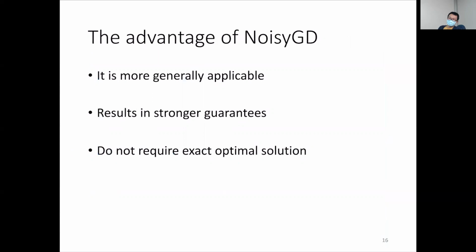In addition, technically speaking, objective perturbation and output perturbation require us to obtain the exact optimal solution to a convex optimization problem, which in practice we need to resort to numerical computation for. And the best that any numerical computation for solving these convex programs can give us is, say, an epsilon-optimal solution, where epsilon is, say, the numerical accuracy.